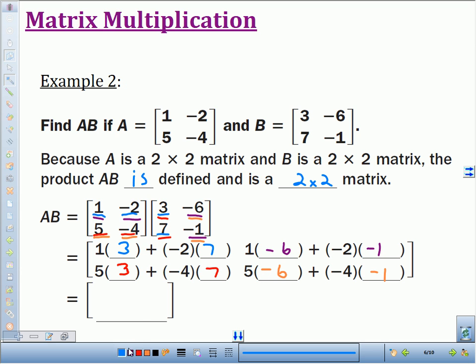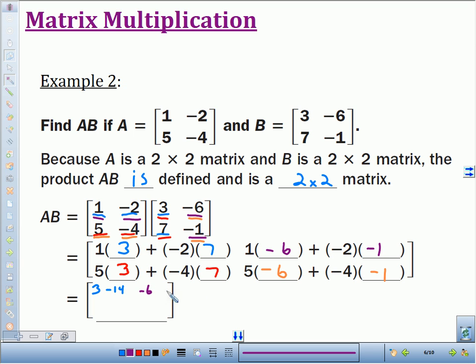Now, let's multiply this stuff out. I have 1 times 3 is 3. Negative 2 times 7 is negative 14. I have 1 times negative 6 is negative 6.